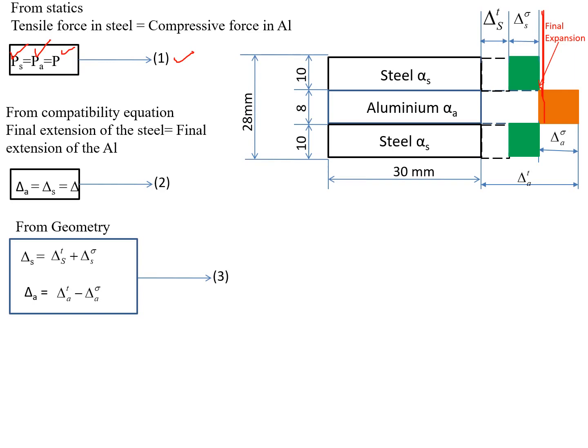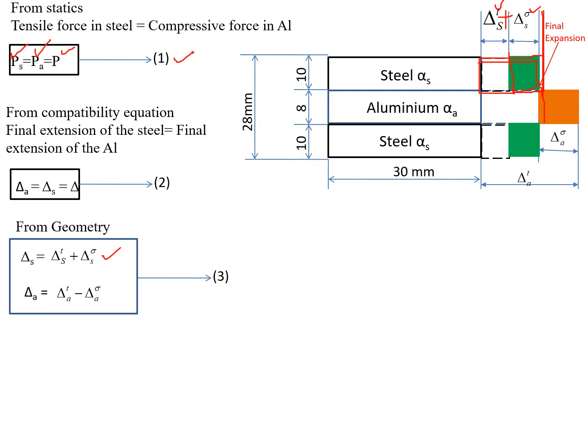And the third one is from the geometry. We just have to observe the geometry here. This is the final expansion of the steel, which is equal to delta ST plus delta S sigma, which means expansion of the steel due to the temperature rise plus expansion of the steel due to the tensile stresses. So delta S equals delta ST plus delta S sigma.